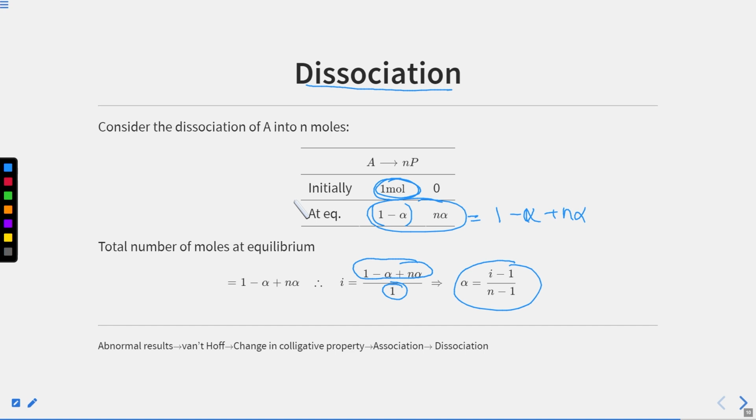We have taken a case where n1 was much greater than n2, and we have written n1 plus n2 equals n1. Therefore, n2 by n1 will be our final relative lowering of vapor pressure. Then we substitute n2 as w2 by M2 and n1 as w1 by M1, so we get our formula w2 into M1 by M2 into w1. Okay, so this was our relative lowering of vapor pressure.